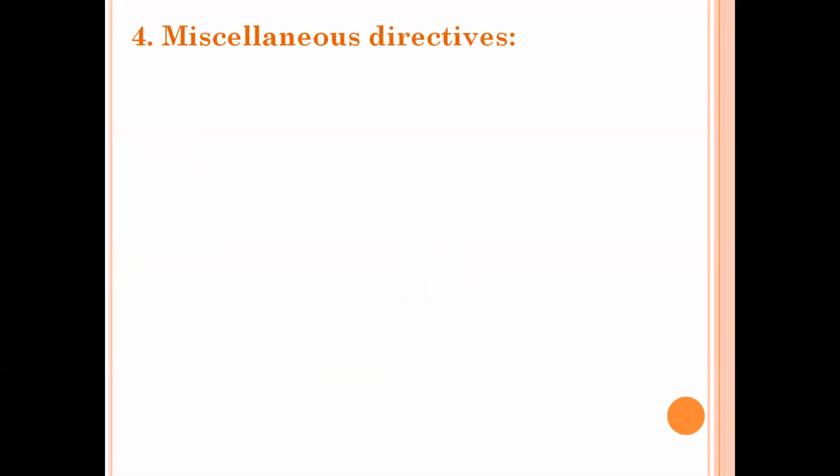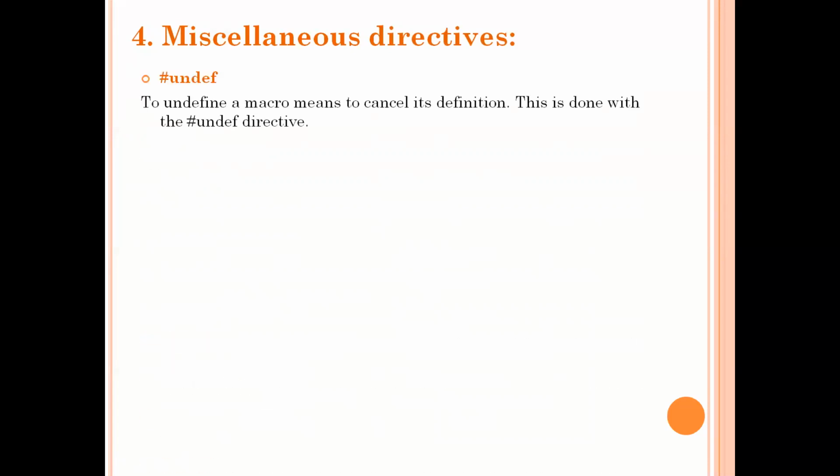Now see the fourth category of directives, miscellaneous directives. Here we have two miscellaneous directives. Actually there are multiple miscellaneous directives, but frequently we use these two. The first one is the #undef directive. The meaning of the undef directive is to remove the definition.